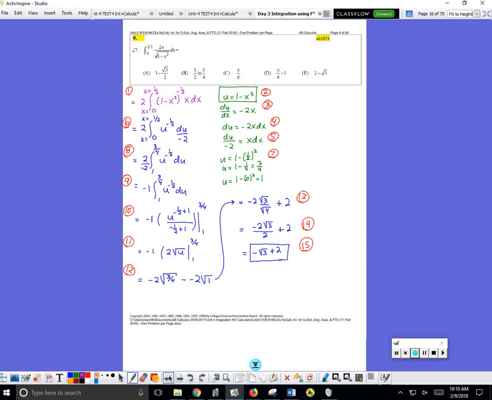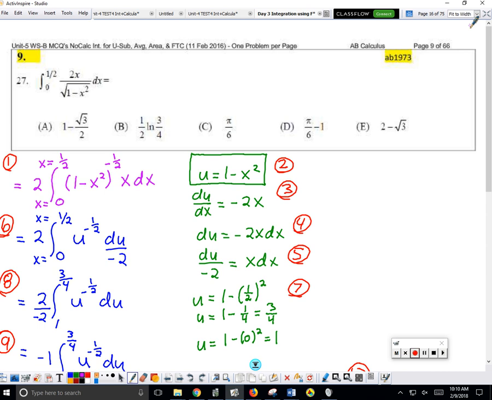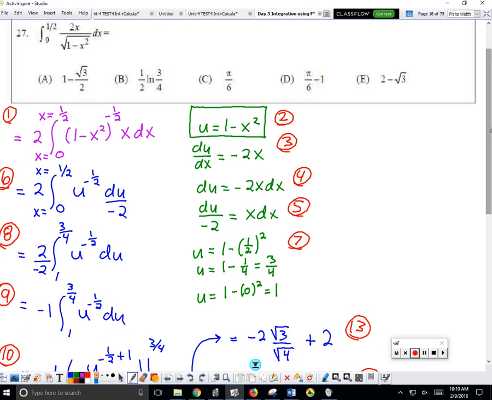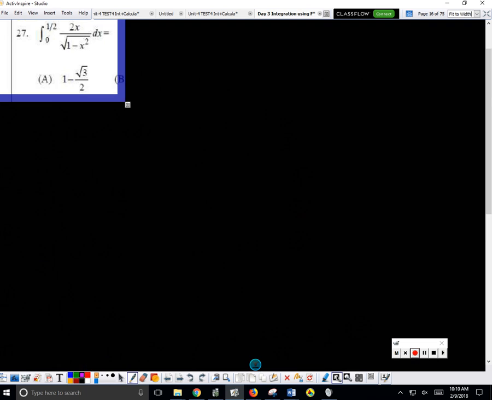Good question. Again, I would move the root to the numerator like I showed you before.